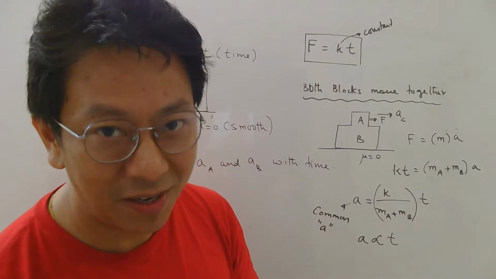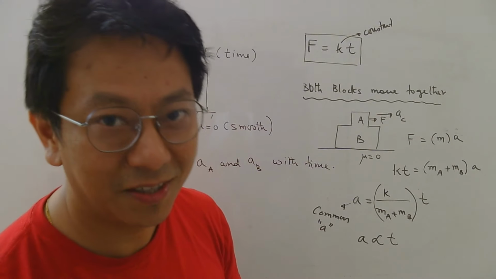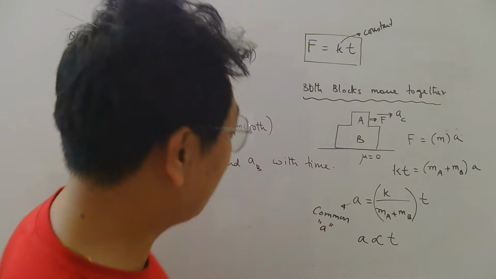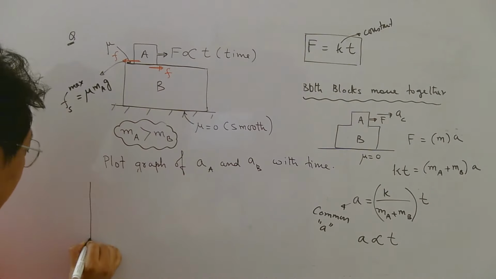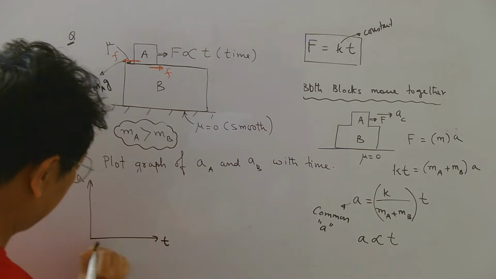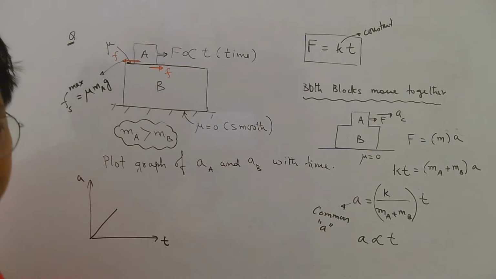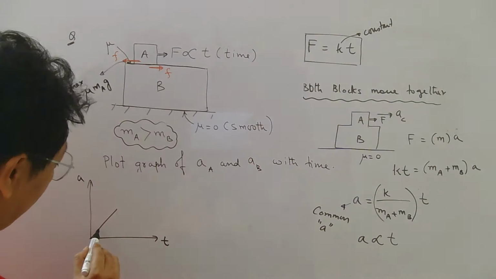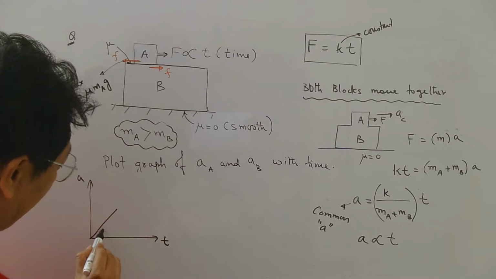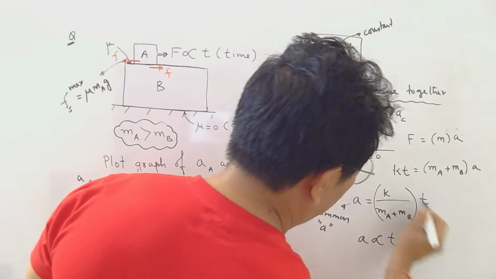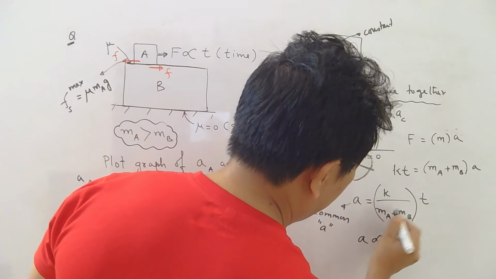And you know from mathematics, when y is proportional to x, the graph is a straight line passing through the origin. So the graph of acceleration versus time will be a straight line passing through the origin, and the slope is given by this number, right? Slope means tan theta, where theta is this angle. So the slope tan theta is given by this constant K by MA plus MB.